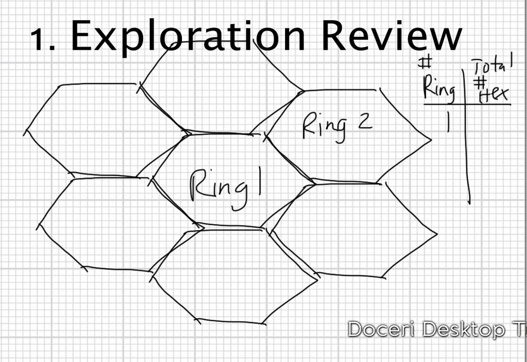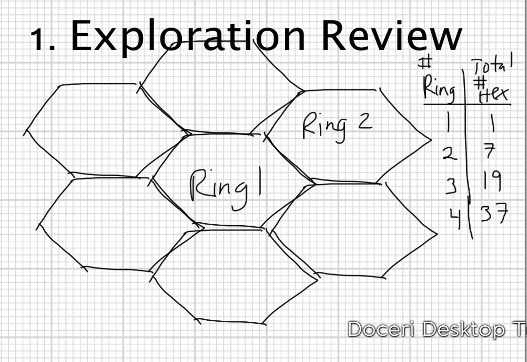In the first ring, I have 1 hexagon. In the second ring, I have 7 total hexagons. Not just how many are in that ring, but how many total hexagons are there in the picture. The third ring, I would have 12 more, so it would be 12 plus 7, which would be 19. The fourth ring, I would have 18 plus 19, which would be 37.